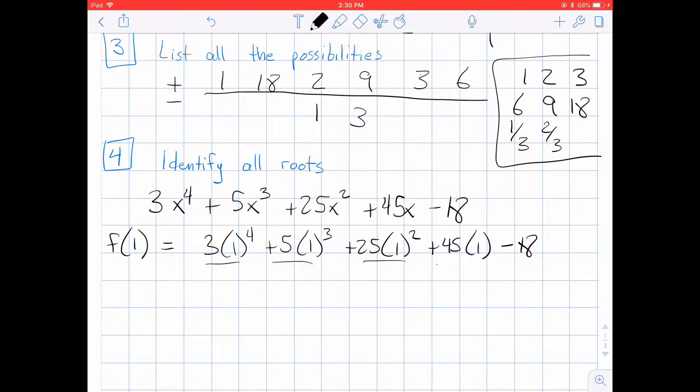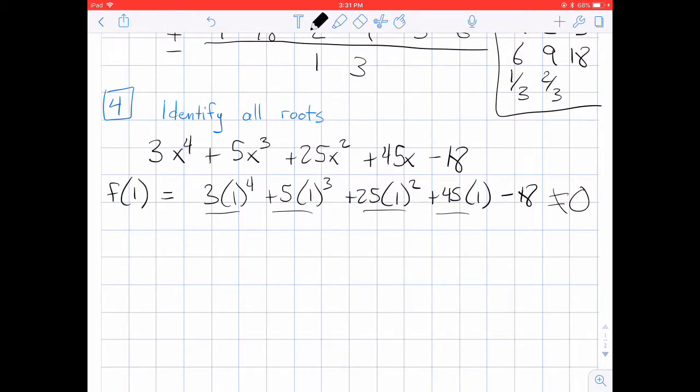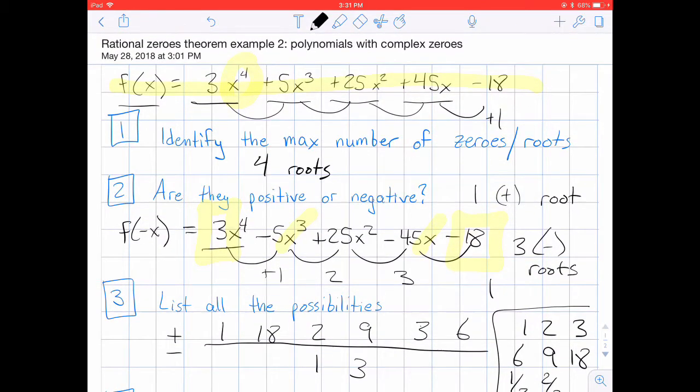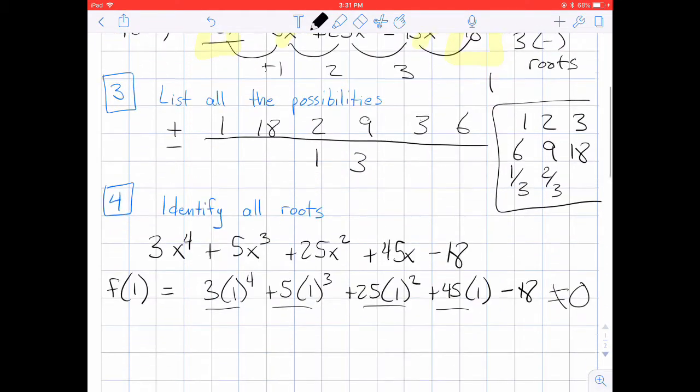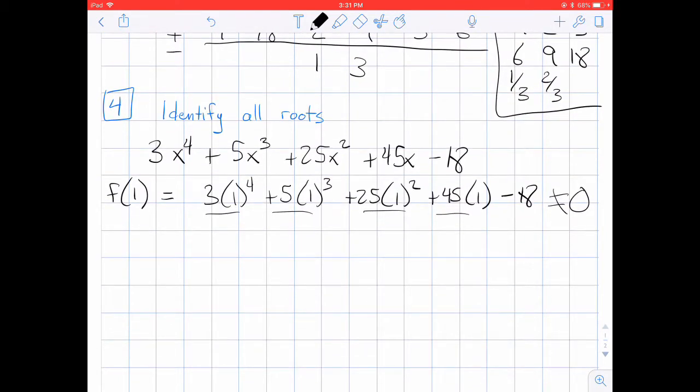Adding all of these positive things up and then subtracting 18 is not going to be 0, and since it isn't 0, that's what tells me 1 is not going to be my root. You can go through and plug in all of these other numbers until you find one. Remember, there is going to be one positive root, so that leaves 7 other possibilities that I can look at in order to find the next root.